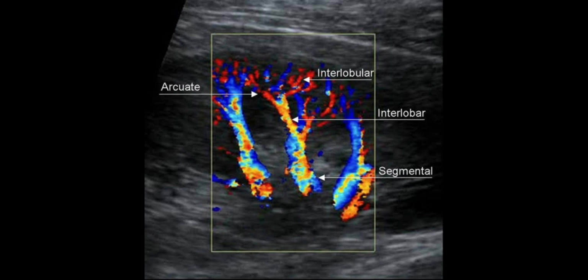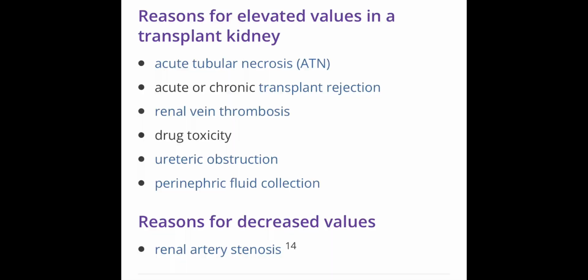Now, in which conditions is the renal resistive index increasing, and in which is it decreasing? So the differential diagnosis: if you call your radiology colleague and they give you a high value, what differential should come to mind?